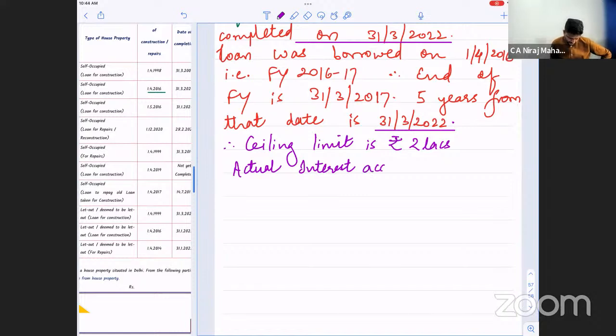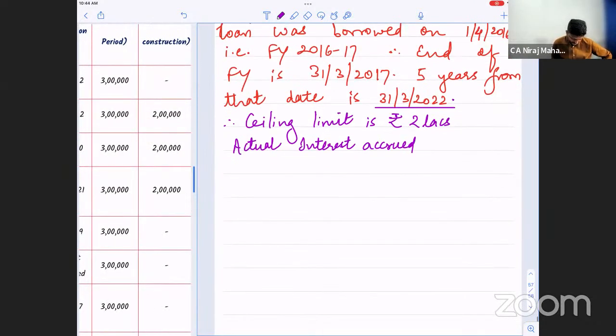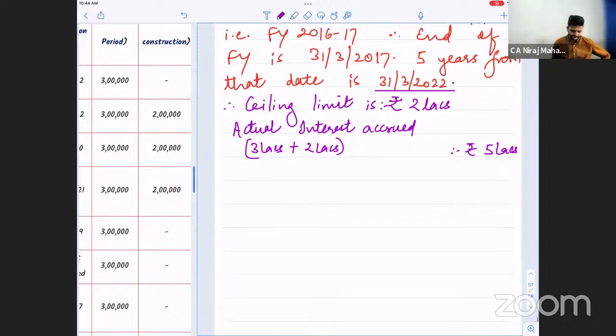Actual interest accrued, everybody? 3 and 2. Five lakhs. Therefore, simple. Everybody okay till here?